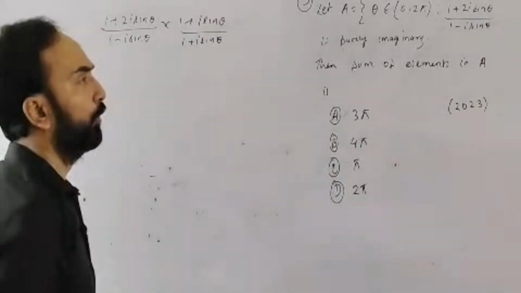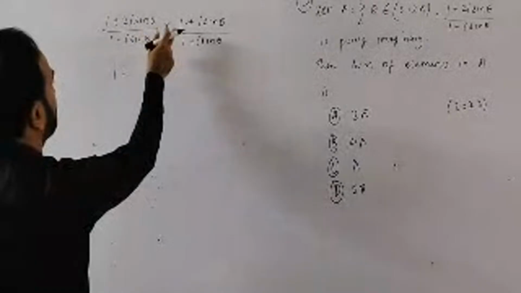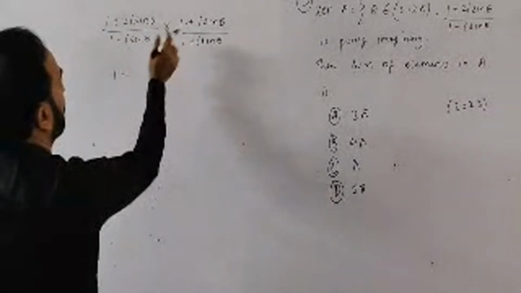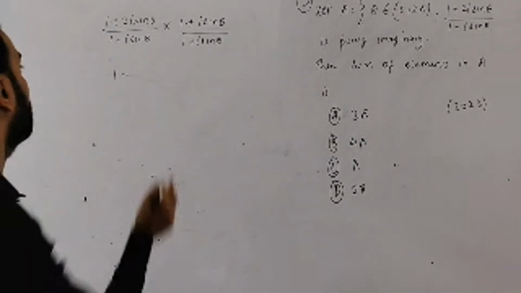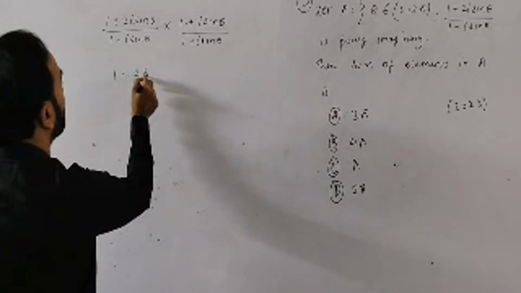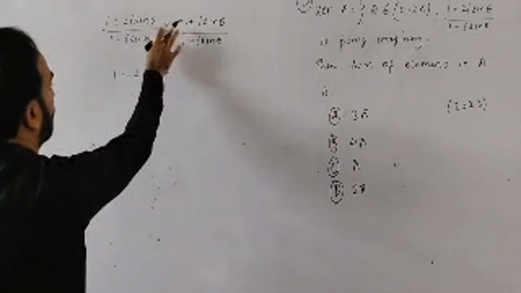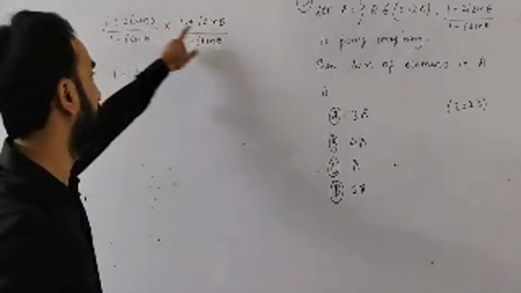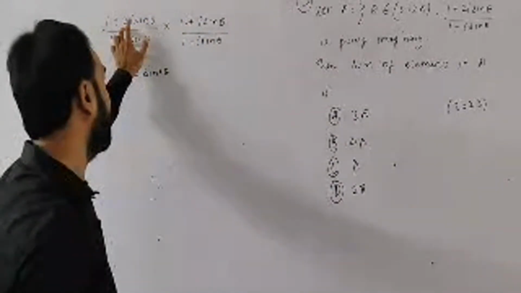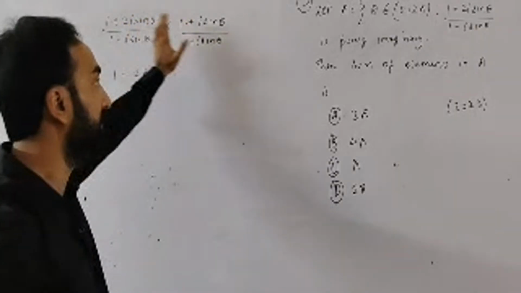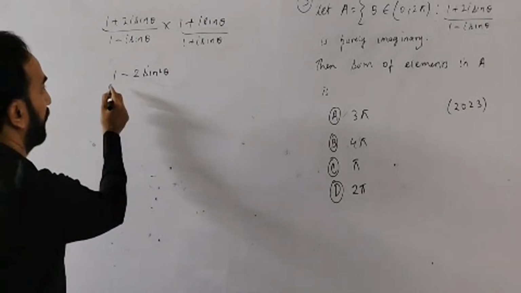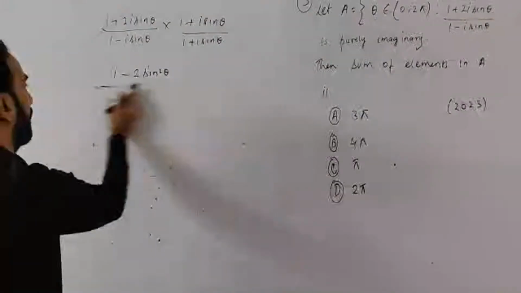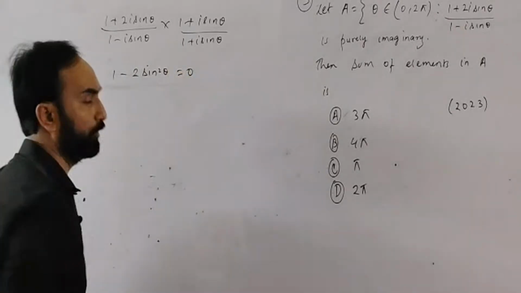Only multiply the real parts. 1 will be multiplied by 1, it will become 1, and 2i sin theta with i sin theta will become minus 2 sin square theta, and the bottom part we don't multiply, so that only will equate to 0.